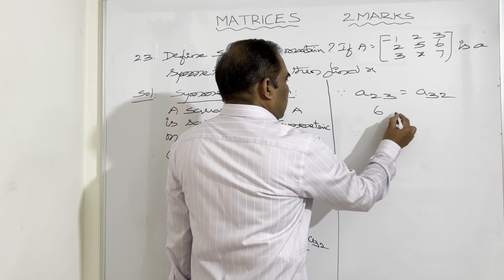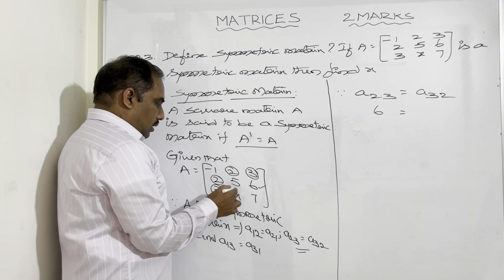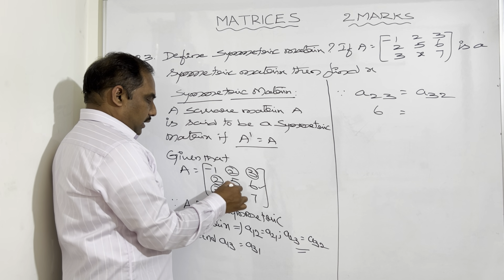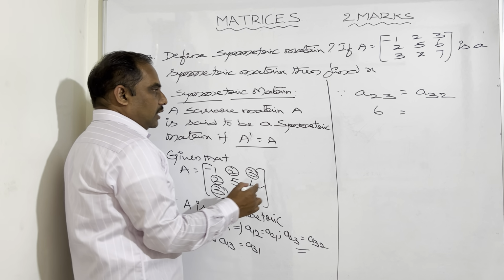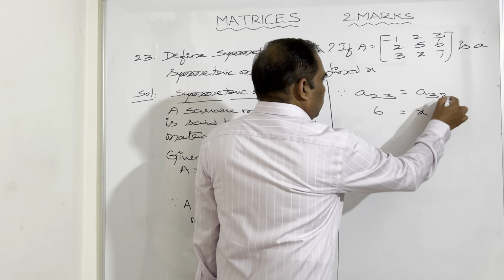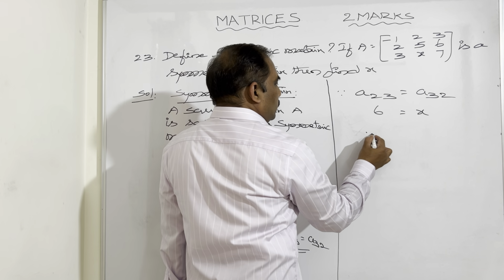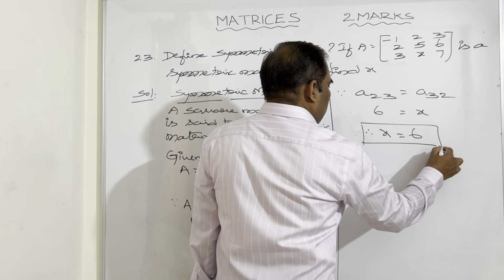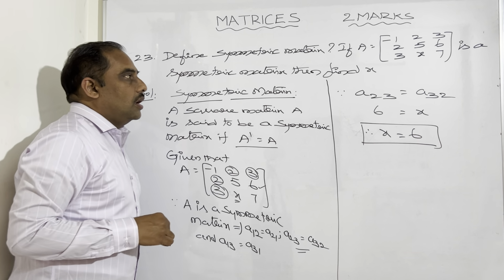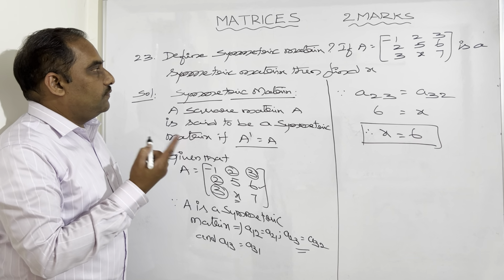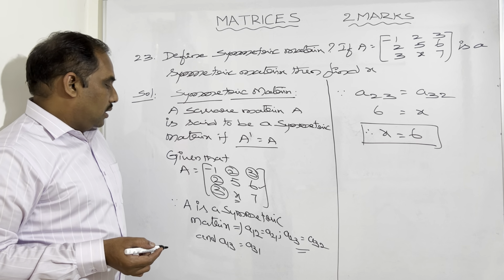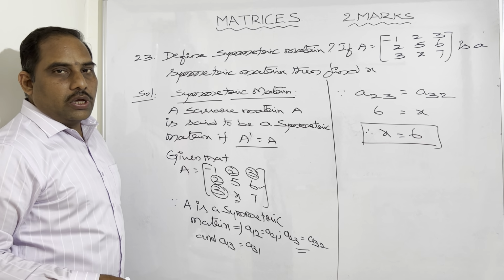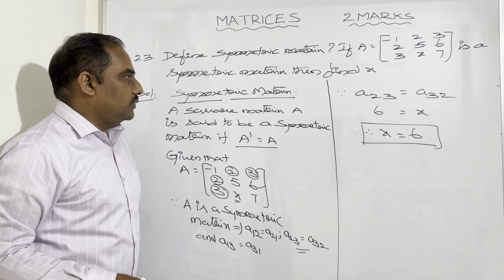So 6 is equal to the third row second column element, which is x. So therefore x is equal to 6. Like this, in a simple way, we can find the missing value if the given matrix is a symmetric matrix, by using these conditions.